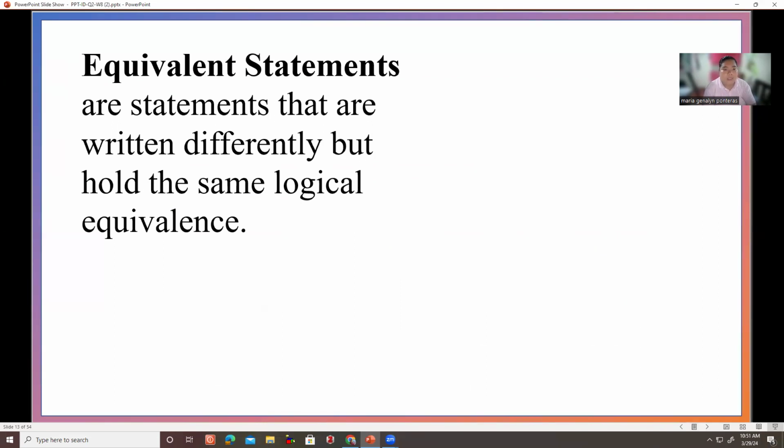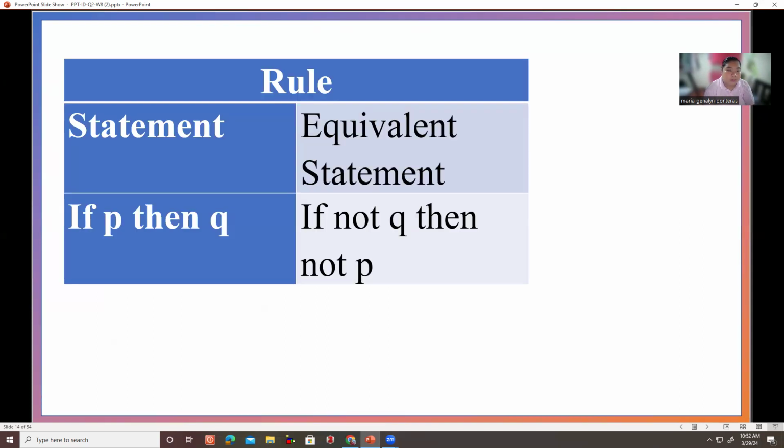Equivalent statements are statements that are written differently but hold the same logical equivalence. As you can see, the equivalent statement is in negation form: not Q implies not P. And the equivalent, as stated a while ago, is P implies Q. So let us find out.